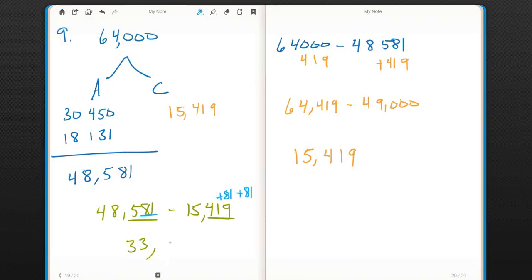So 33,162 is the number more adults than children that we have. So I tried to color code it to make it easy to follow where I got all the numbers. Maybe it made it visually confusing. There are 33,162 more adults than children.